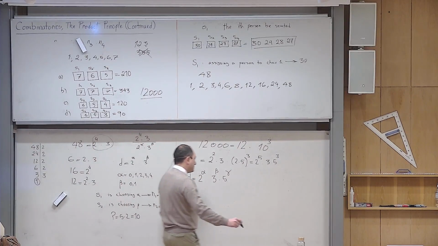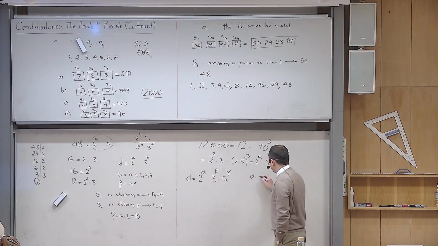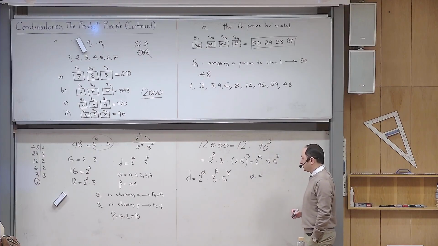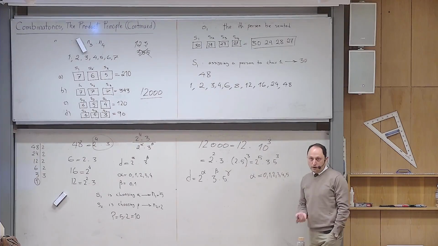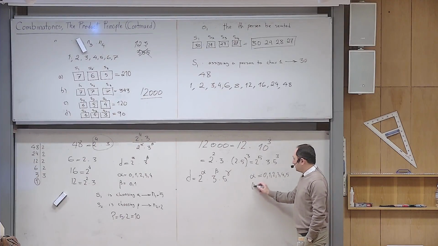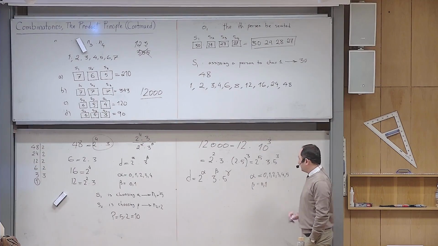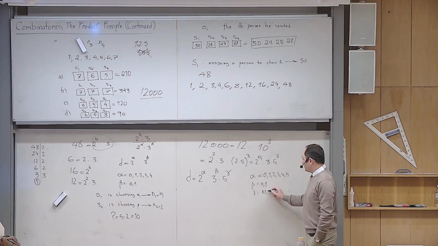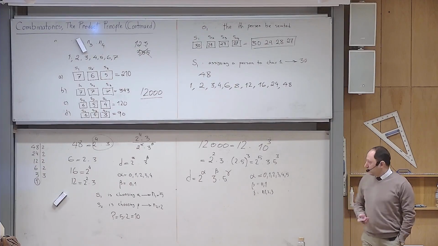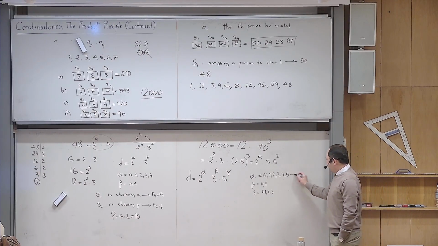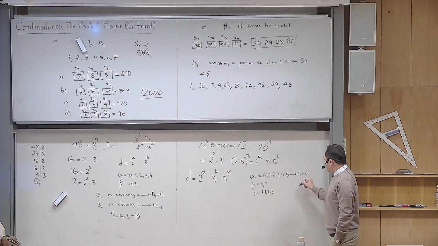But how many options, as Rocco mentioned, do I have available for choosing my alpha? Either I don't choose it at all, or 1, or 2, 3, 4, or at most 5, yes? And then beta, 0 or 1, and then gamma, what? 0, 1, 2, and these are the options, yes? So how many options do I have here? 6.